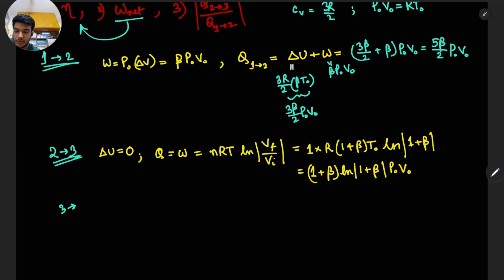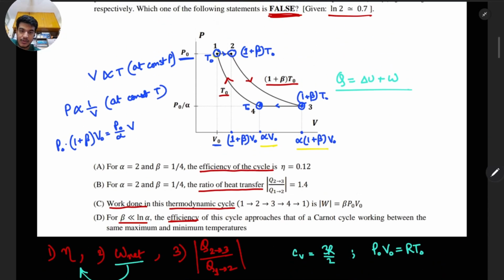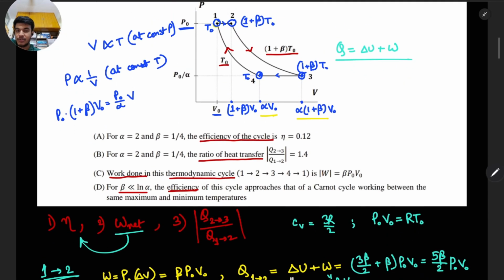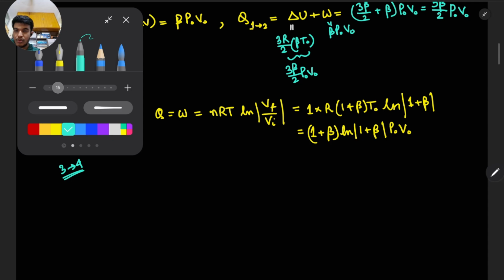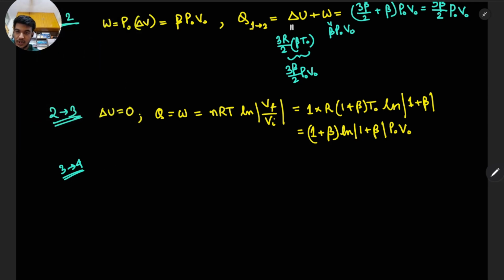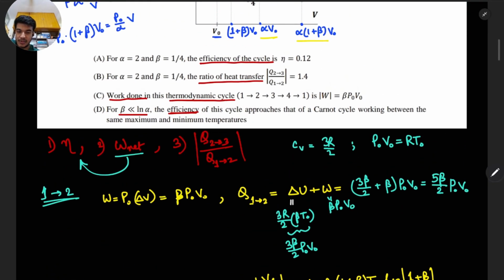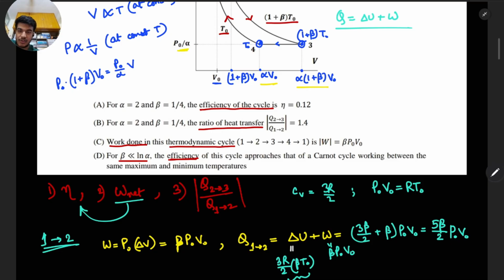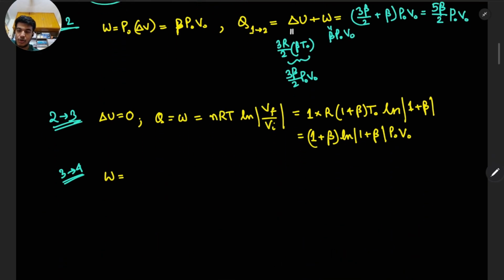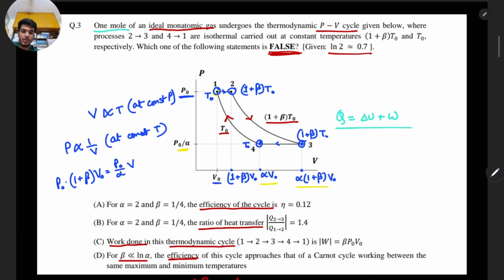Now for third to fourth, we have again an isobaric process. So we have W equal to, at constant pressure, which was P naught by alpha. If you remember from the very first step, pressure is P naught by alpha, and the volume is decreasing, so it is minus P naught by alpha, and the decrease in the volume is from alpha 1 plus beta into V naught to alpha V naught.